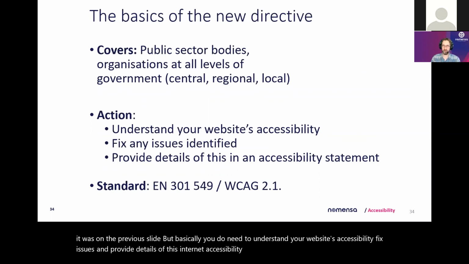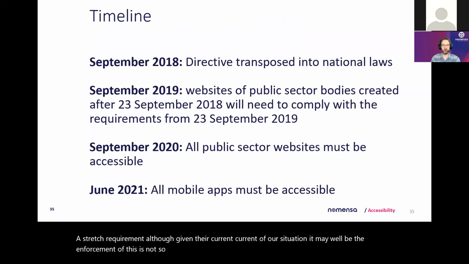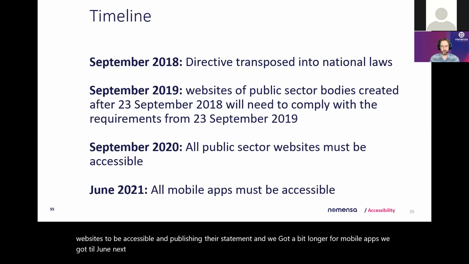This is a strict requirement, although given the current coronavirus situation, it may well be the enforcement of this is not so urgent, because the deadline is September 2020 for all public sector websites to be accessible and publishing their statement. We've got a bit longer for mobile apps, till June next year. But if this hasn't been on your radar and you work in a public sector organization, this very much should be on your radar.